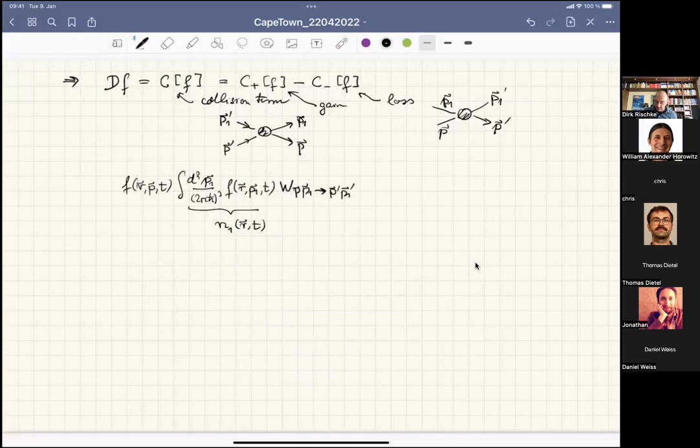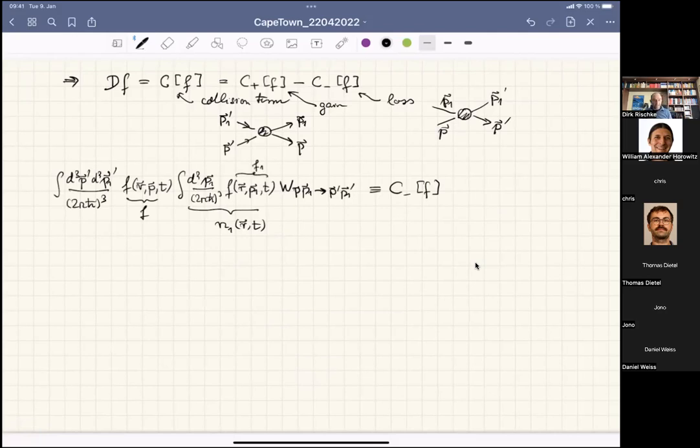And then you don't observe the final state momenta, so at the end of the day, you would also integrate over the final state momenta, which are unobservable. And then you already have an expression for the loss term. Following, I will abbreviate this with F, and this here with F1.